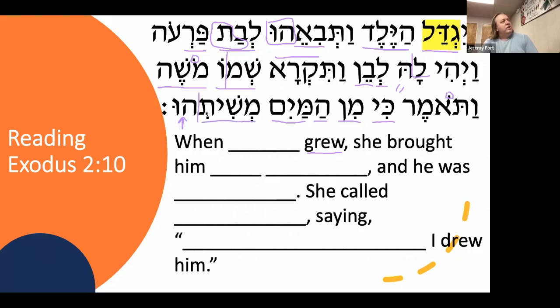And this little hirik tells me that it's first common singular. Mishitihu means because from the water I drew him. Remember the form of the suffixes for first singular is hirik, yod, or I drew him, and then this is the him.